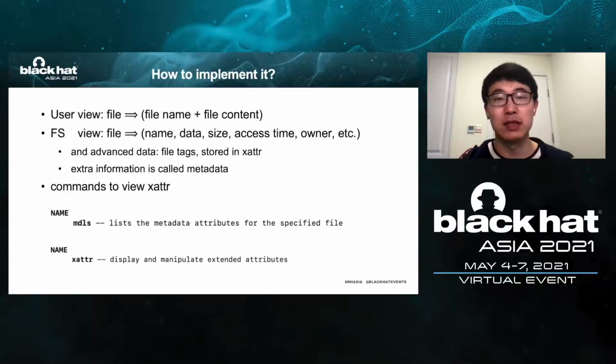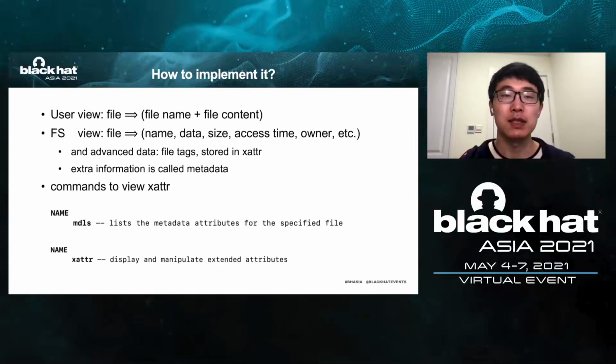How is it implemented? For normal users, a file consists of a file name and its content. But from the perspective of the file system, files have a richer meaning. Besides file name and data, a file also contains other attributes such as file size, access time, and owner. And there are also some advanced attributes, for example, file tags.